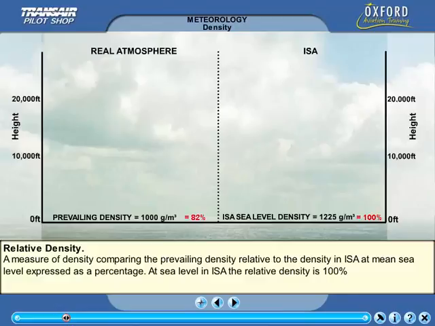If in a given place or at a given altitude the actual density was only 1,000 grams per cubic meter, then this density would be approximately 82% of the ISA sea level density. We call this expression of density relative density. We are comparing the prevailing density to the density at sea level according to ISA.